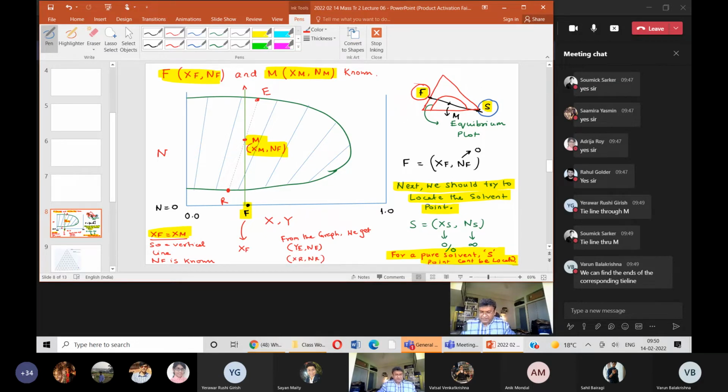And so finally, we can use the C component balance.